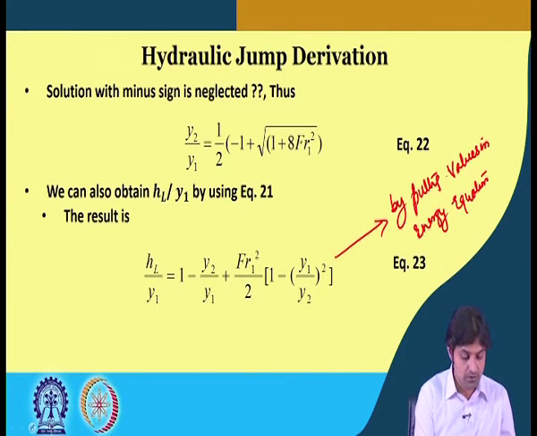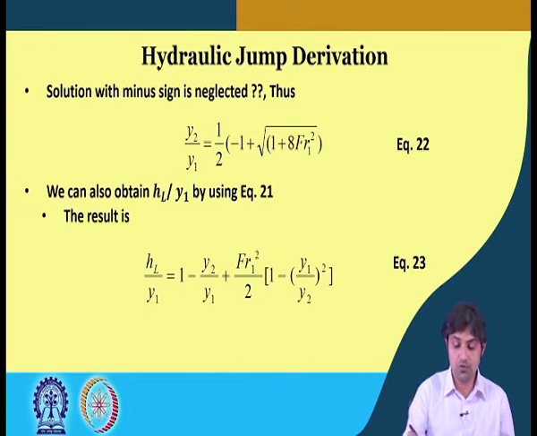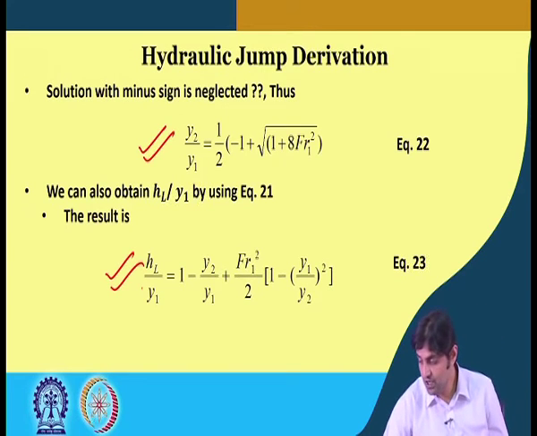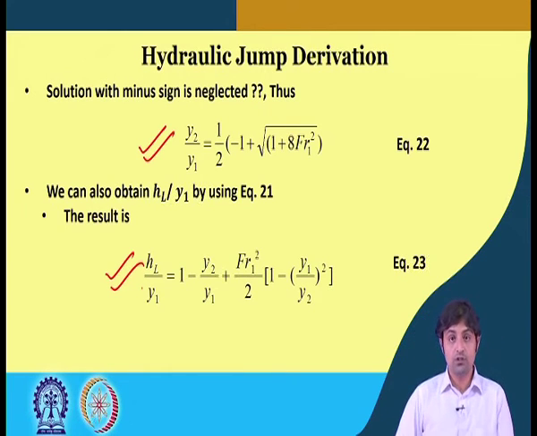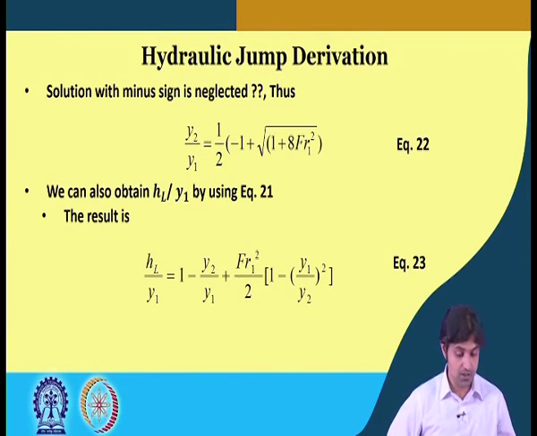Simple. So, I think these two formulas are very important to remember. So, I would suggest you to remember these formulas, because they would prove very helpful in the questions about the hydraulic jump.